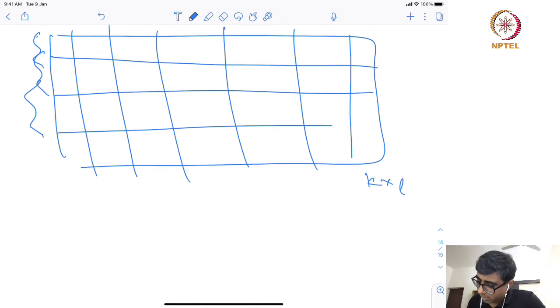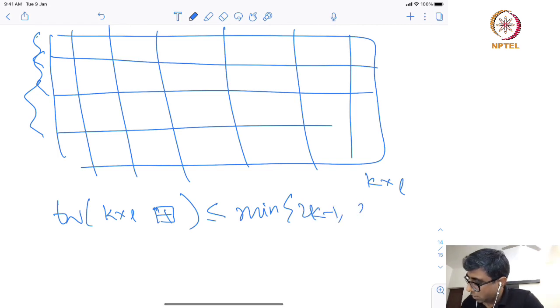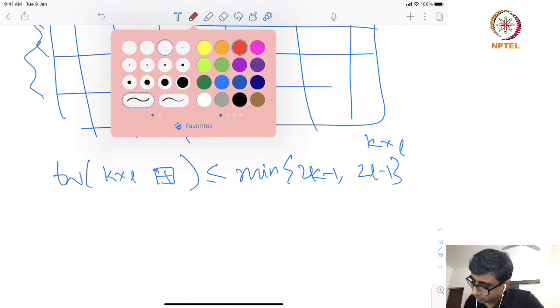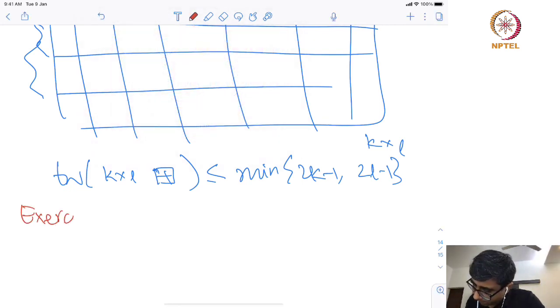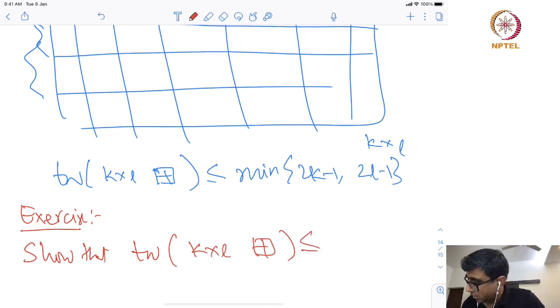So, that will imply that the treewidth of the k cross l grid is at most the minimum of 2k minus 1 and 2l minus 1. And here is another exercise: show that the treewidth of the k cross l grid is actually the minimum of k comma l.